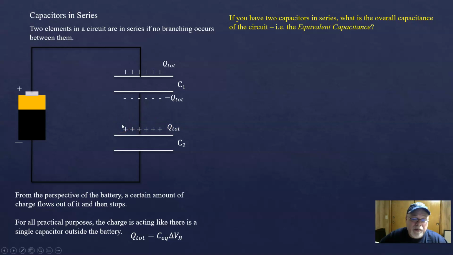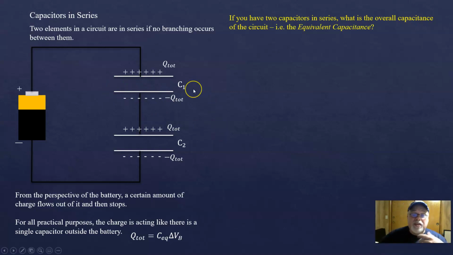Well, what's that going to do? The battery here is sending out negative charge, and we know the amount of negative charge that it sends out has got to be equal to the amount of positive charge it sent out. And so we're going to get, again, an equal amount of negative charge on this plate as we had on this plate up here at capacitor 1. Okay? And so physically, that's what's going to go on.